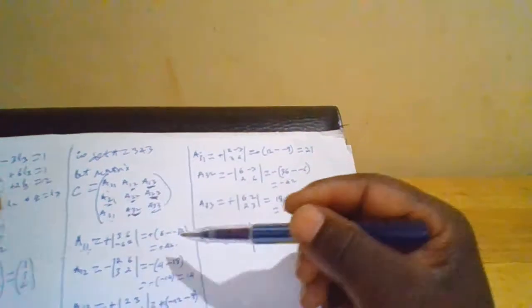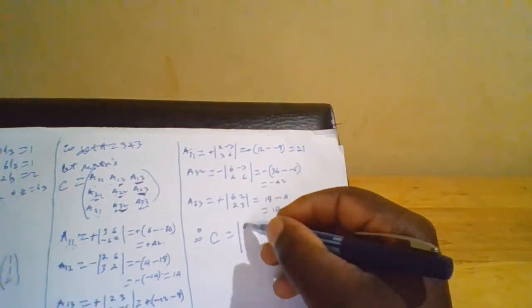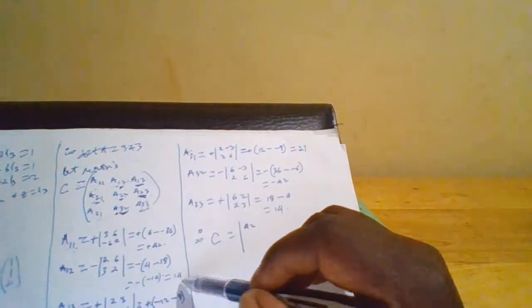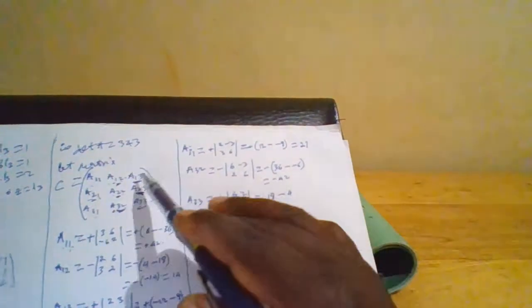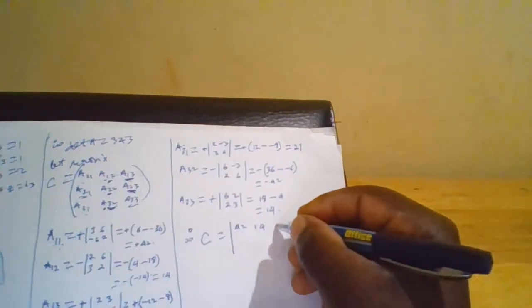So A11 is 42, A12 is 14, A13 is negative 21.